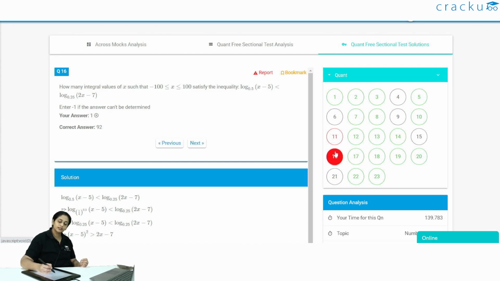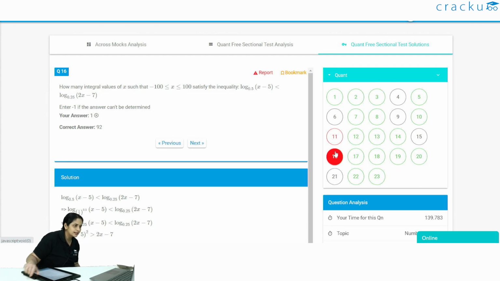So x minus 12, x minus 32 is greater than 0, and that would hold for everything greater than 8. Greater than 8 up to 100 would satisfy, so that would be 92. So that is where I went wrong. I didn't read the question properly and I solved for equality.